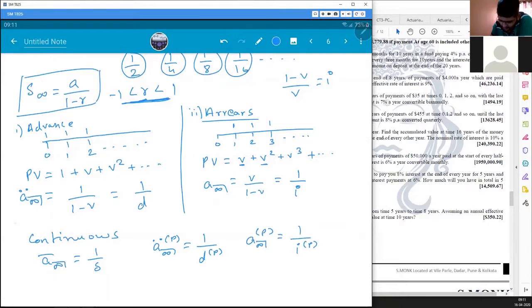Again, these are all formulas, 1, 2, 3, 4, 5 more formulas. So we are using the infinite GP concept to solve these sums.